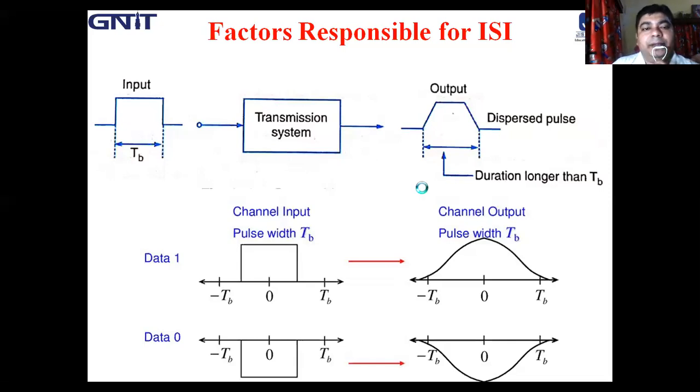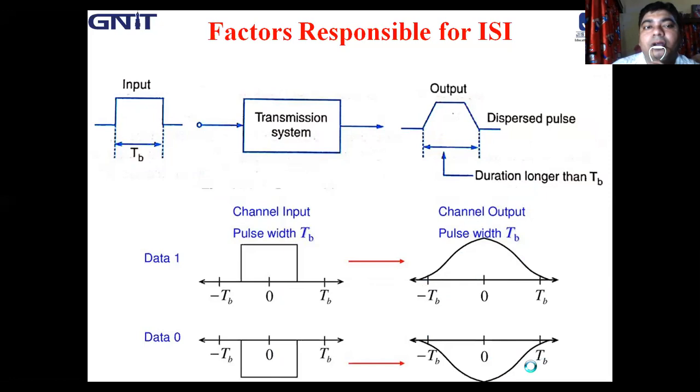Okay, I am now repeating again. When a signal is transmitted through a transmission system, it is automatically dispersed. That means its time period is longer than T_b, where T_b is the basic bit duration. So, suppose 1 is transmitted, and after the transmission system, it is dispersed. Similarly, for 0, again it is dispersed.